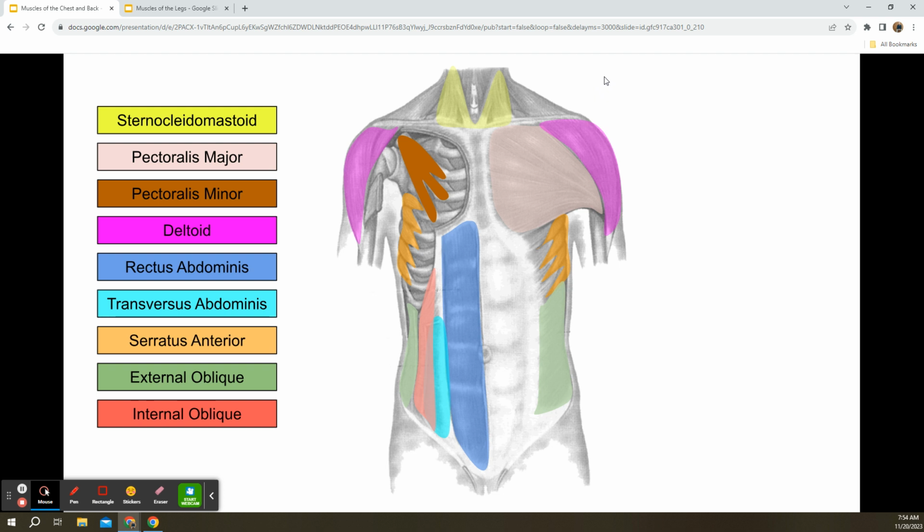So your origin is going to be roughly around where your sternum and clavicle are, and its overall action is to help flex the neck and laterally rotate the head. Next, we have our pectoralis major and pectoralis minor. Differences between the two are primarily based on size.